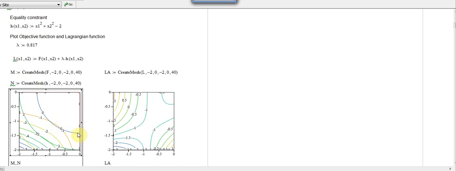Well, the square of the radius is 2. So the radius is square root of 2. And this is a composite function that we will try to minimize.